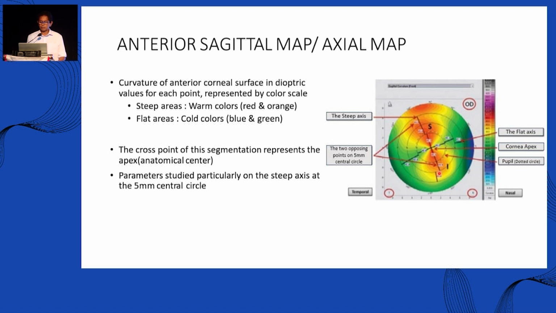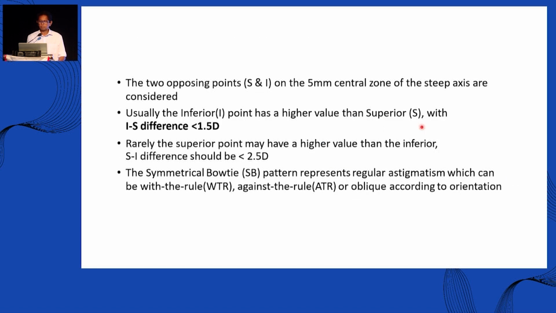And then you look at the 5 millimeter circle, and two opposing points on the 5 millimeter circle are useful to assess for keratoconus. So two opposing points, superior and inferior, on the 5 millimeter central zone. If the inferior point has a higher value, the difference that is allowed is less than 1.5 diopters. And if the superior value is high, you can allow a 2.5. If it's more than that, that is indicative of ectasia.